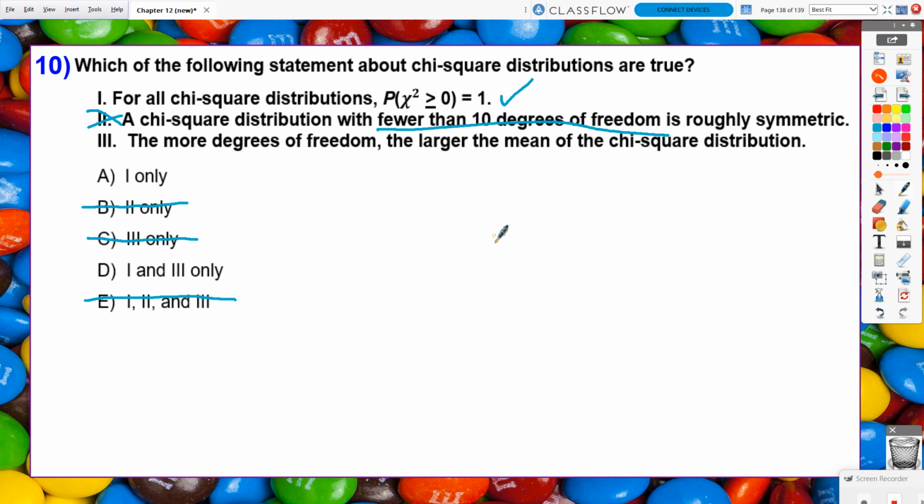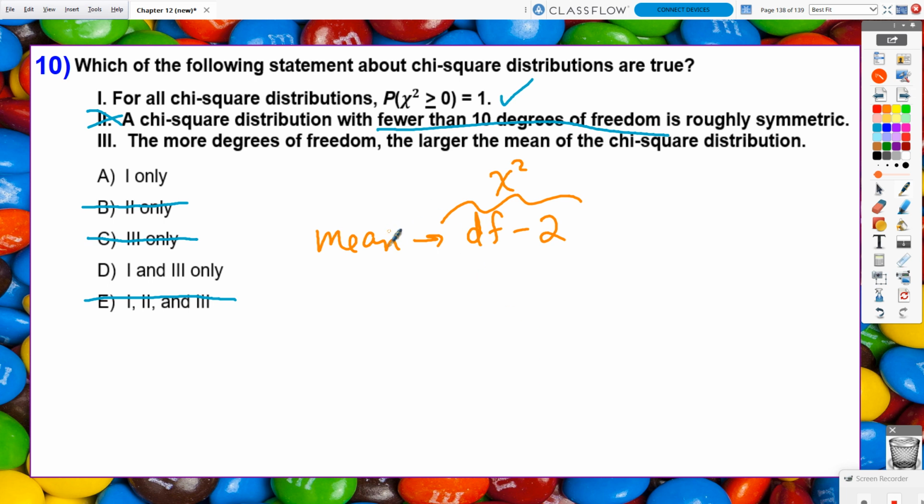This again goes back to the very first video when we talked about chi-square distribution characteristics. And the mean, we said, was always going to be located at the degrees of freedom minus 2. So if you knew what the degrees of freedom were minus 2, if you found roughly where that chi-square value was on the horizontal axis, that would tell us approximately where the mean was located.